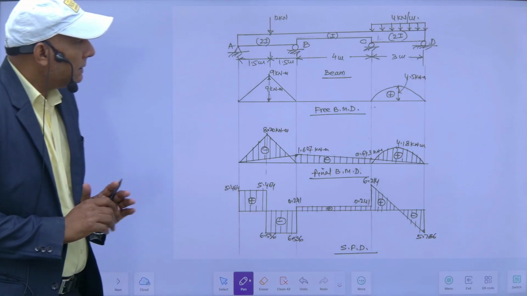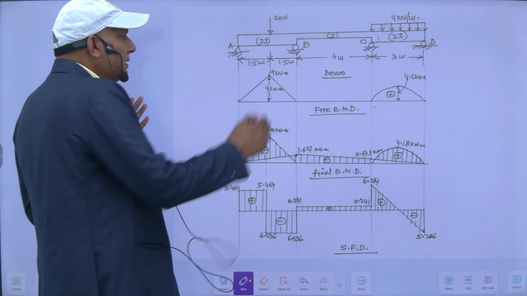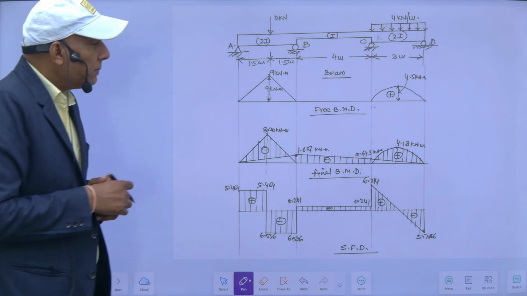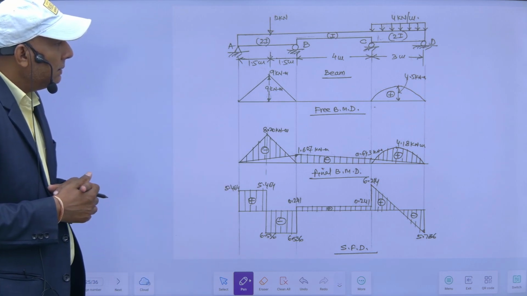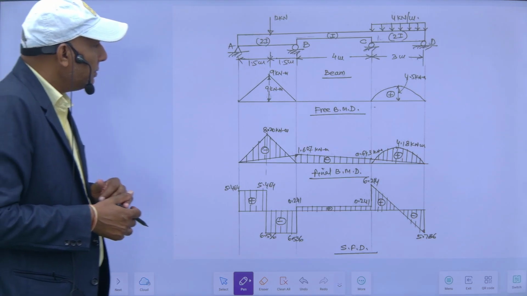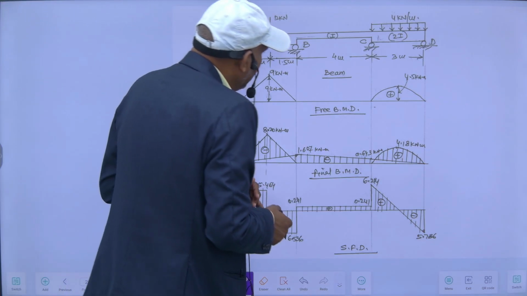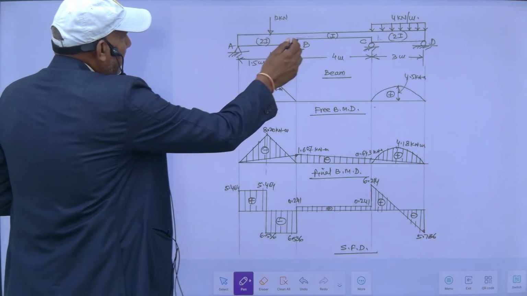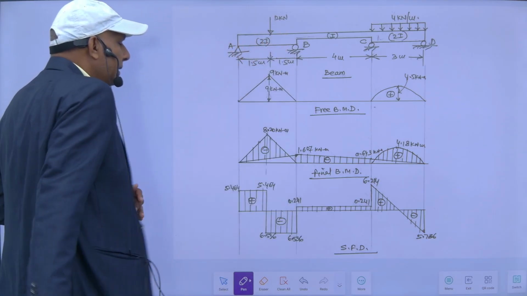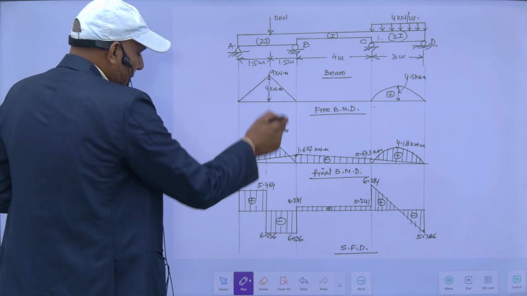So similar case, first I will treat every span as a simply supported individual independent span and draw its free bending moment diagram. So this is AB. Treating it as simply supported, I will draw the free BMD.